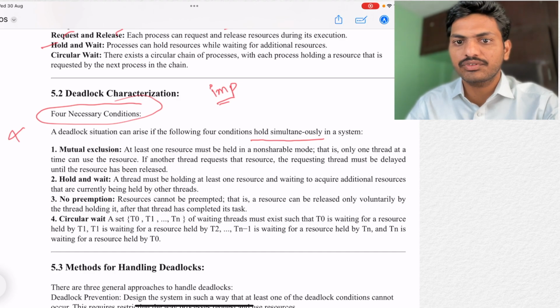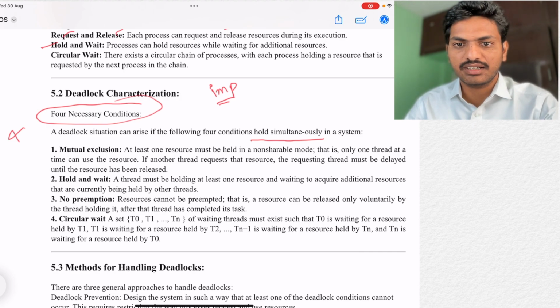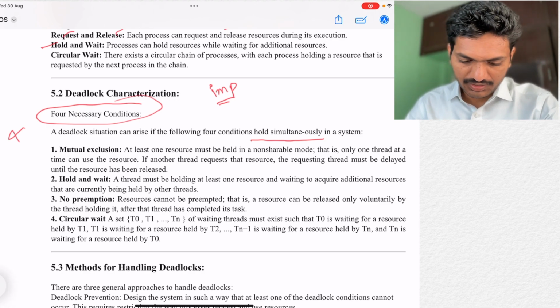If these four conditions happen at the same time in the system, then there is a possibility of deadlock. If three conditions are satisfied and one condition is not satisfied, then there is no deadlock. For deadlock to happen, these four conditions must happen.